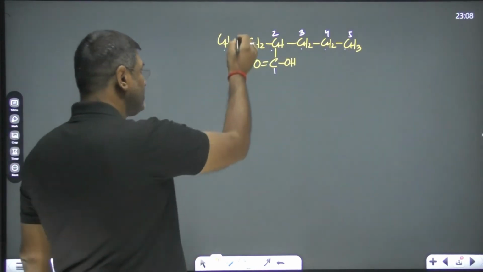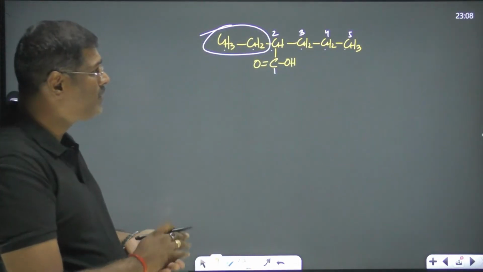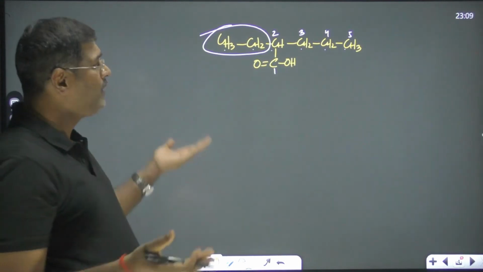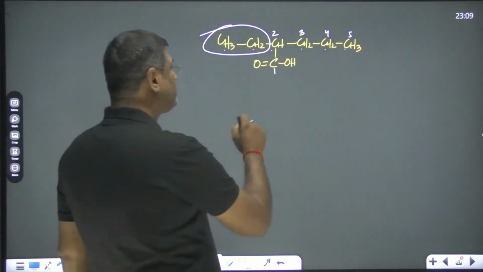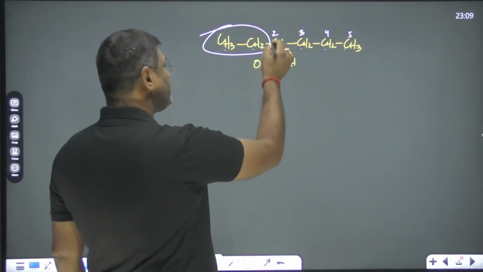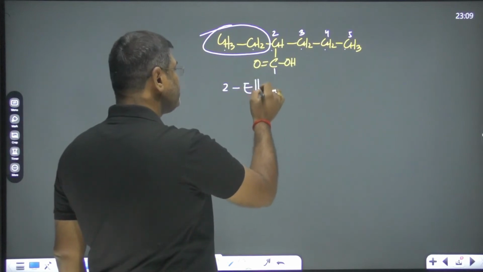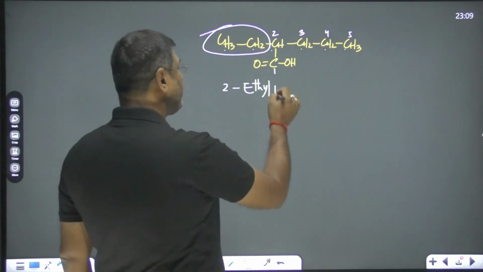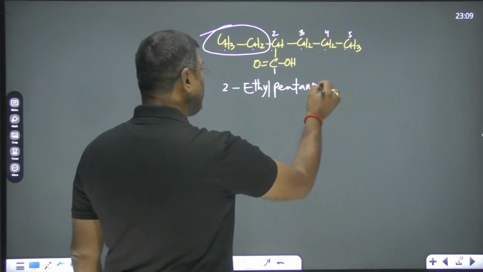What about this? Yes, this one is the substituent. The substituent is ethyl. Where is this ethyl? On the 2nd position. So what is the name of this compound? Very simple: this one is on the 2nd position ethyl, so it is 2-ethyl pentanoic acid.